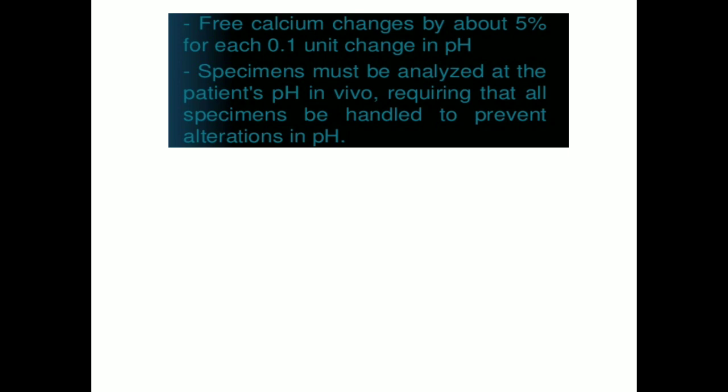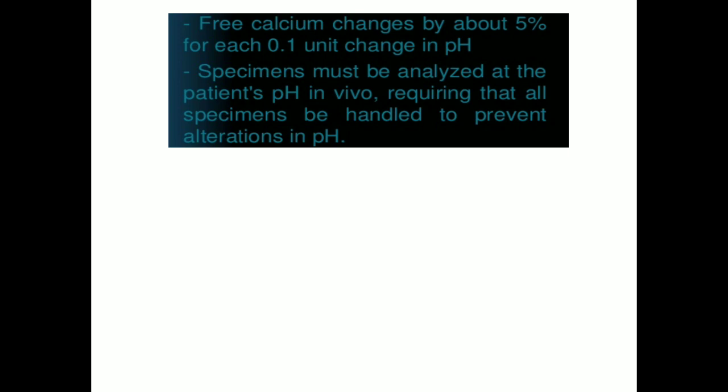So how much change does occur? The free calcium changes by about 5%, which is a very, very high percentage. 5% change for each 0.1 unit change of pH. So ideally, say in the person the blood pH was 7.4, and the value of calcium was 10.